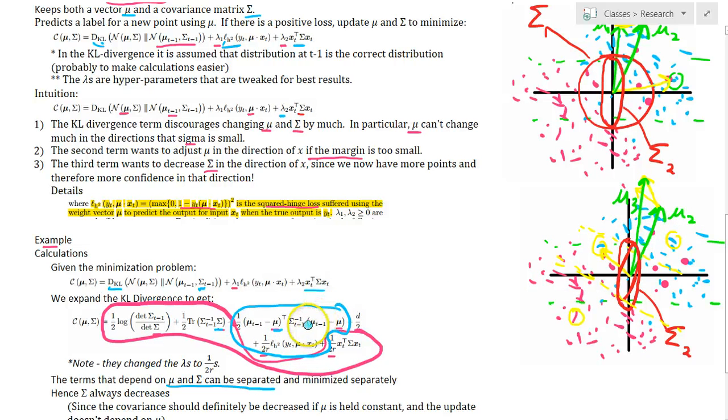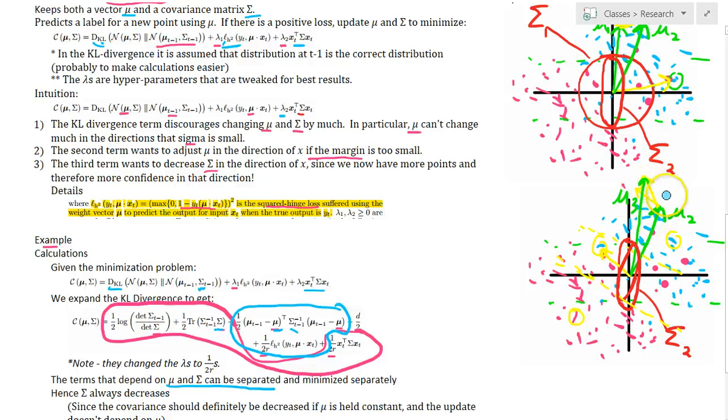We tend to make updates. The cost is greater in directions where we have a small variance, because small variance means sigma inverse has a big eigenvalue in that direction. So big cost for changes in that direction.